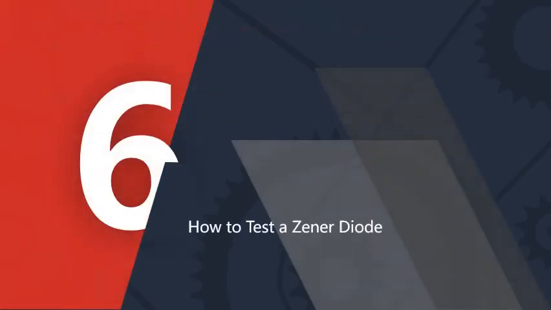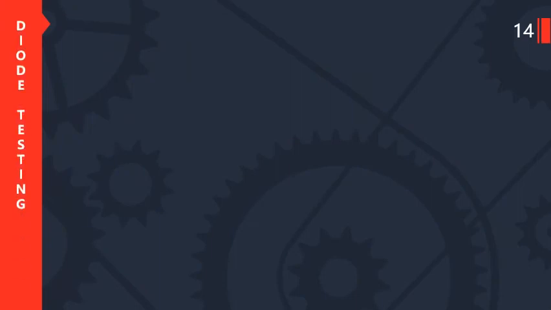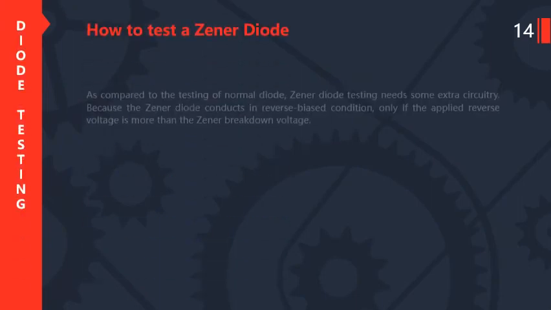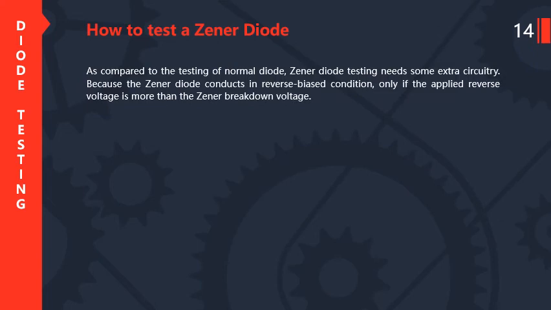The next topic is how to test a Zener diode. As compared to the testing of a normal diode, Zener diode testing needs some extra circuitry because the Zener diode conducts in reverse bias condition only if the applied reverse voltage is more than the Zener breakdown voltage.